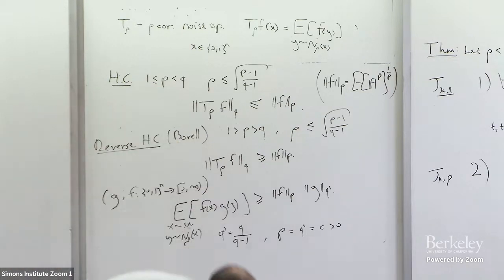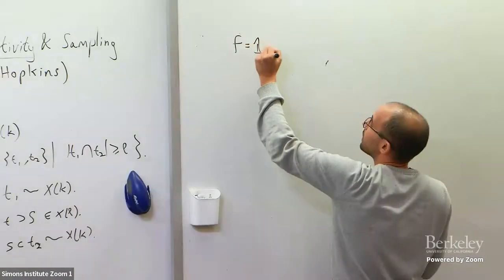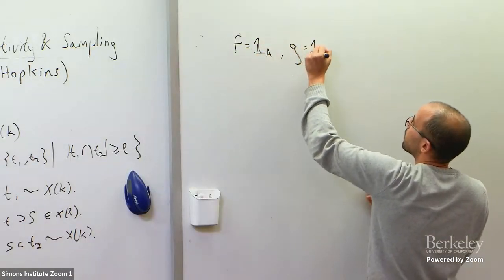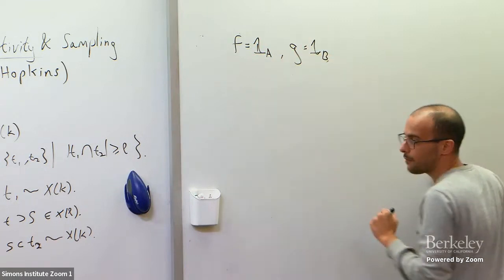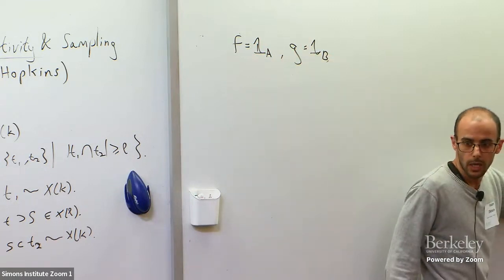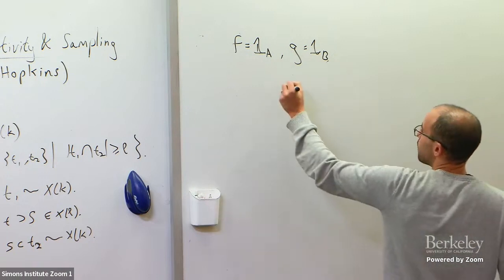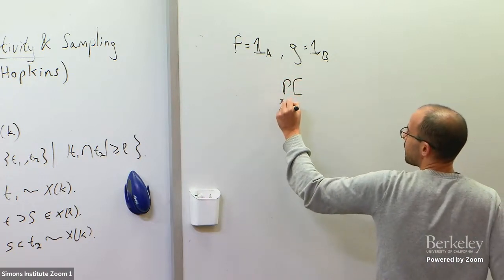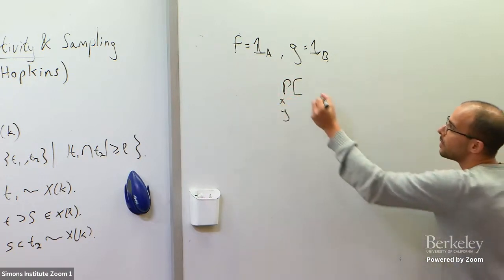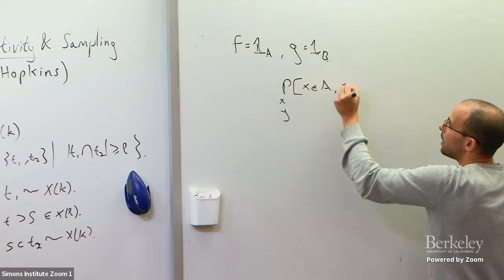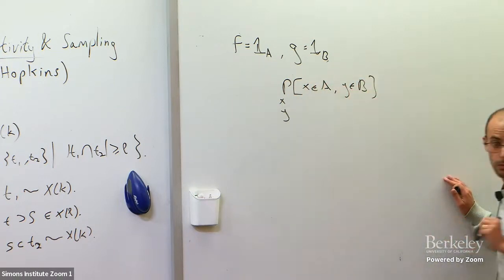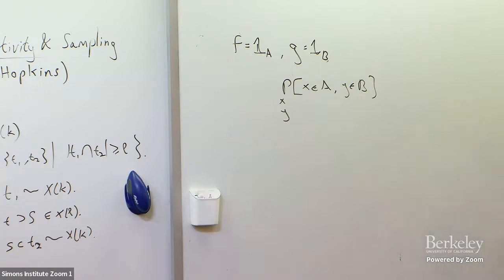So suppose f is the indicator of some subset A and g is the indicator of some subset B. The left-hand side of this inequality just simplifies to the probability of sampling x and y as a noisy copy, such that one endpoint is in A and the other endpoint is in B.